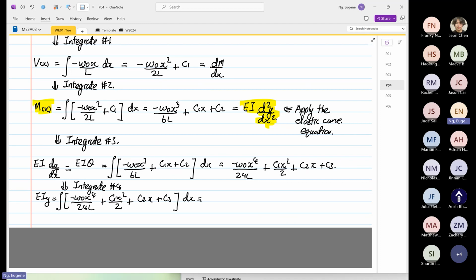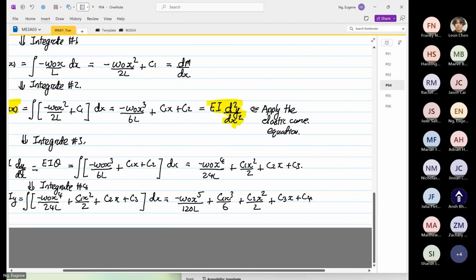And this whole expression will now become minus omega naught x⁵ over 120L plus C1x cubed over 6 plus C2x squared over 2 plus C3x plus C4.